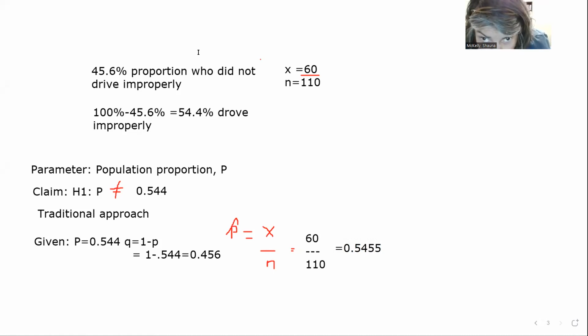Now, step one here, I'm going to go to my actual hypothesis test now. So this is step one, my hypothesis test. So this is going to mean that I have H0.